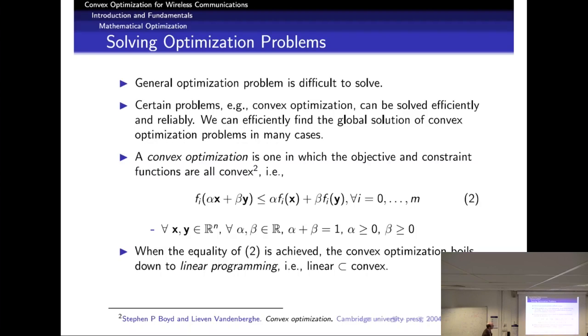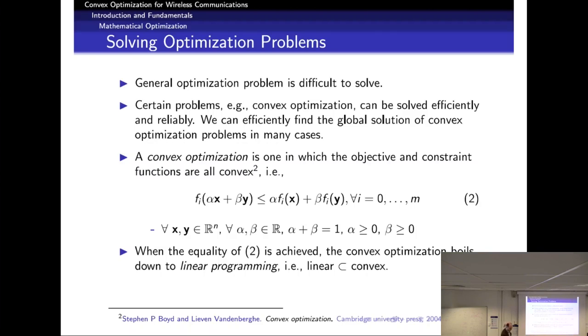Okay. So in general, optimization problems can be very difficult to solve, but some problems are much easier to solve. And those problems are the convex optimization problems. Nowadays, with modern techniques, they can be solved very efficiently, computationally, and also very reliably, because we can really say, okay, that's a global optimum solution.